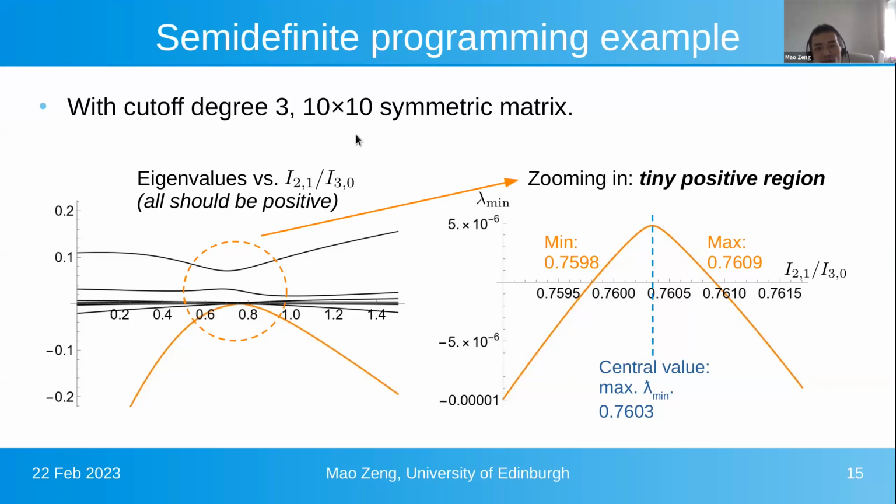In fact, the bound is rigorous up to any loss in numerical accuracy, and you can actually make an educated guess of the true value of the integral. If you maximize this lowest eigenvalue and take this as the central value of your prediction, it actually gets even more accurate than the rigorous bounds.